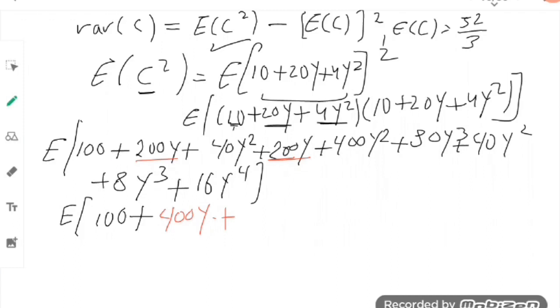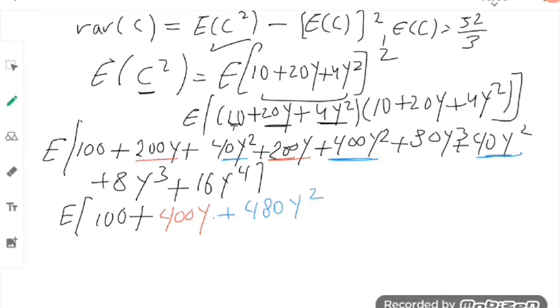We have here 40, and we have 40 again, and we have 400, so we have 480 y to the power 2.